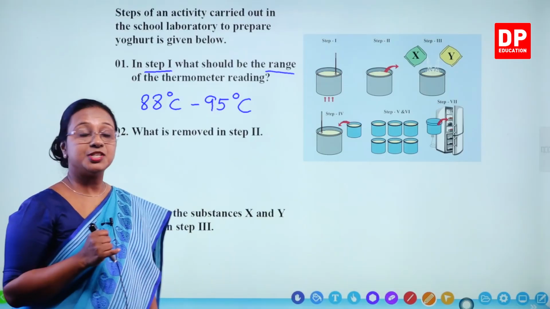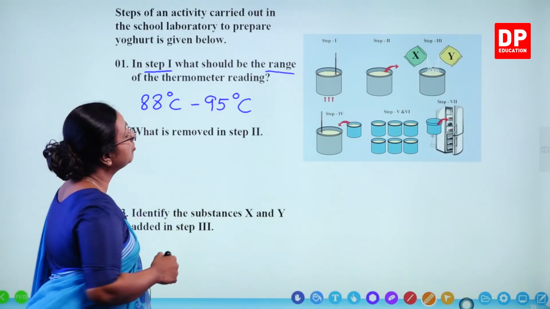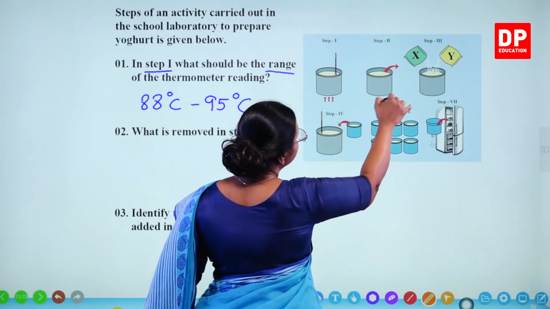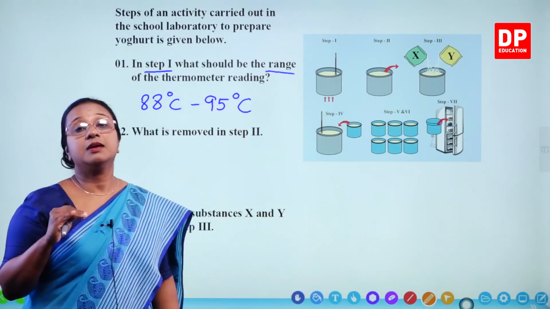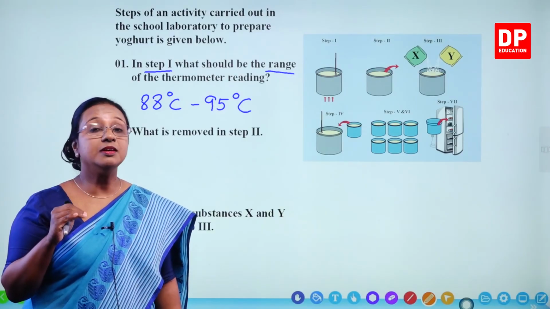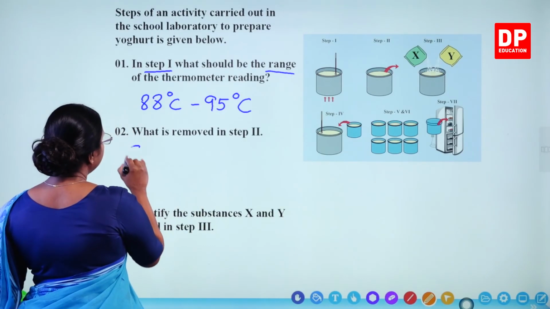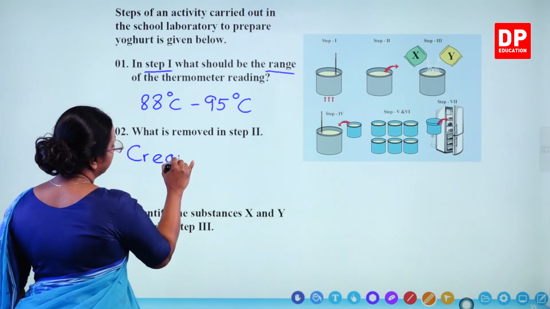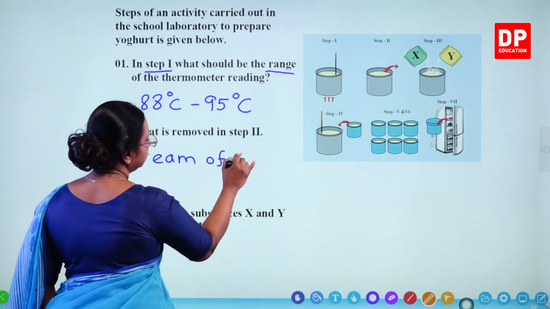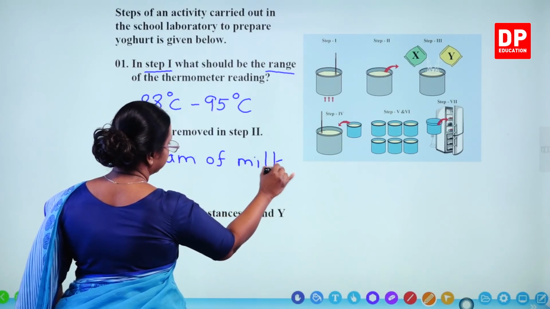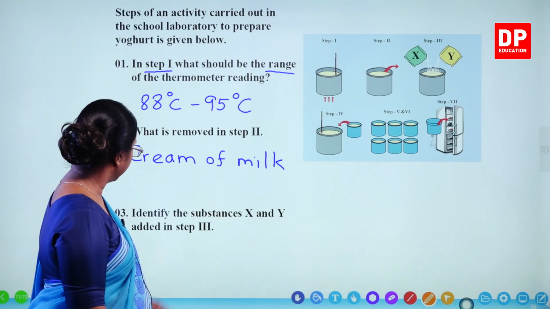That is the temperature range. What is removed in step 2? What happens here? When you cool the mixture, the cream comes on the surface of the milk. So you remove the cream. So cream of milk.